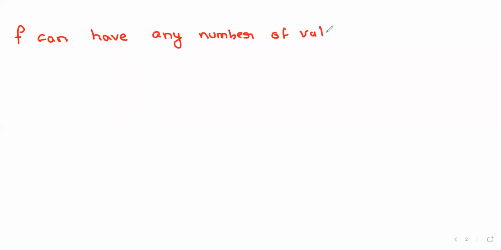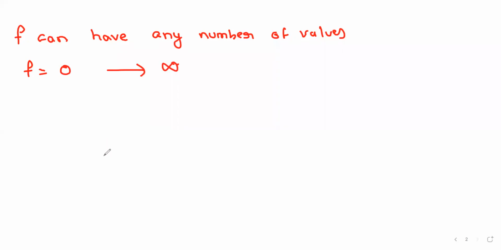Suppose f can have any number of values. That is, f can start from 0 and go up to infinity.